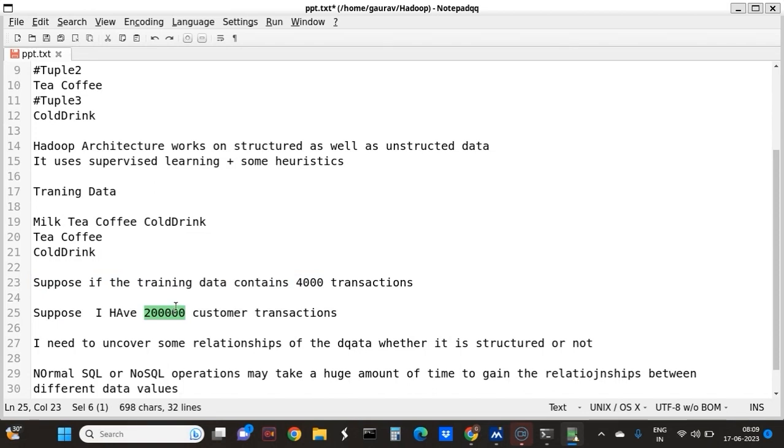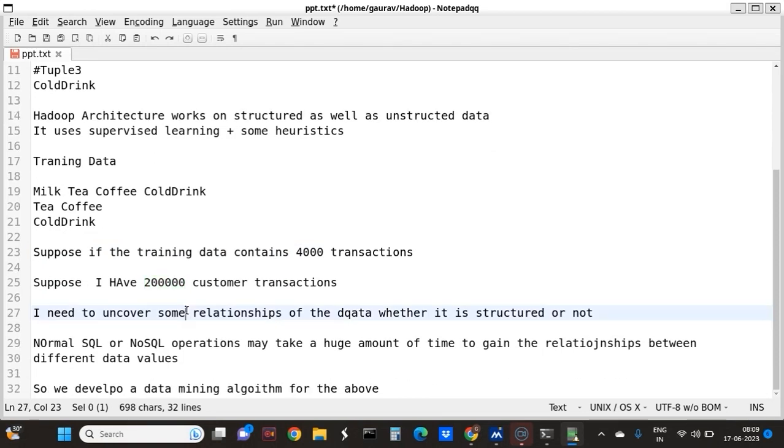It can scale. Suppose I need to uncover some relations, like whenever he has bought tea, what is the probability that he will buy something else. That is an association rule.